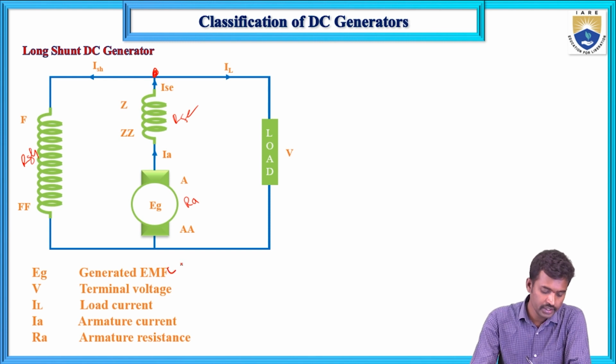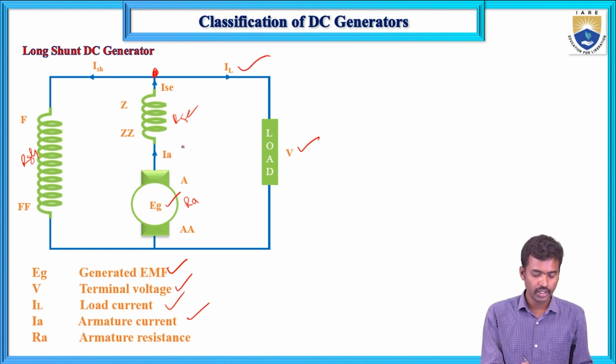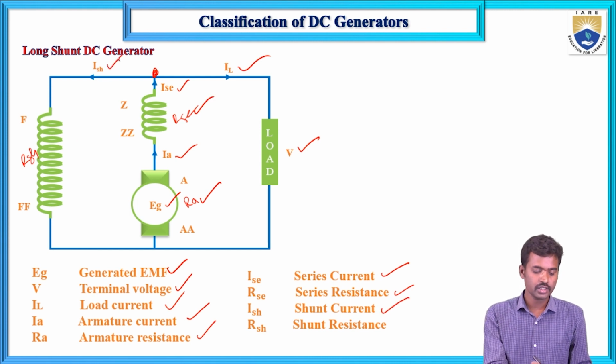Here EG is the induced EMF, terminal voltage is V, load current is IL, armature current is IA and armature resistance is RA. I series is the series current and R series is the series resistance, and then the shunt current and shunt resistance.